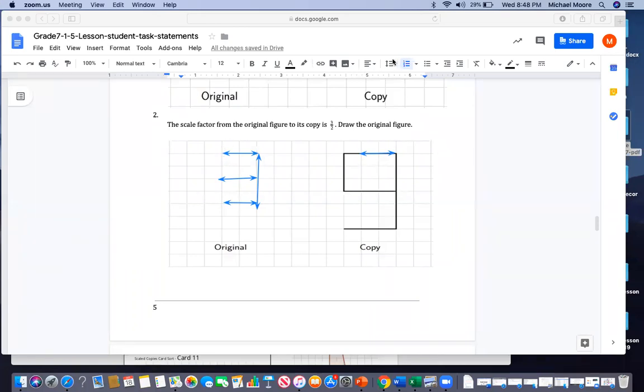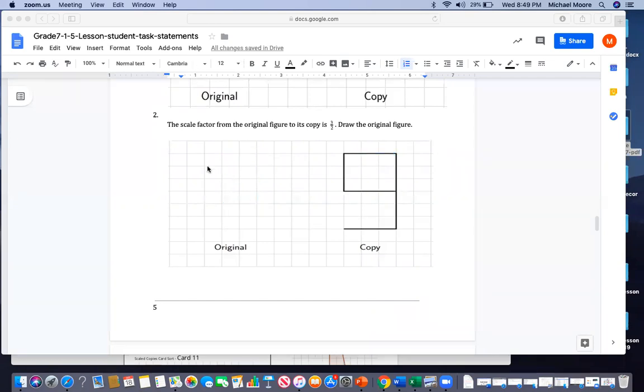Oop, let me redo that one. 2. So your original should look like that. 2, half of 2 is 1. So that's why we're going to add 1 to each side in this copy. Okay.